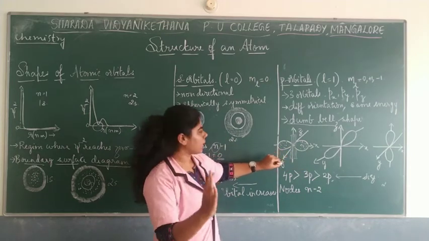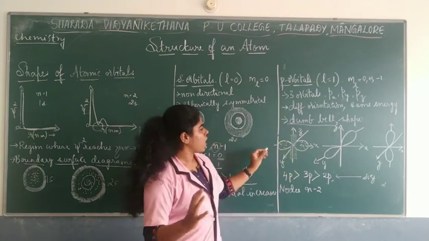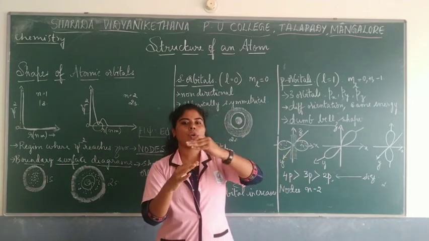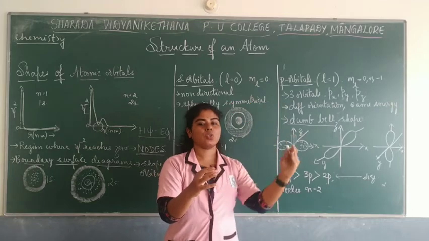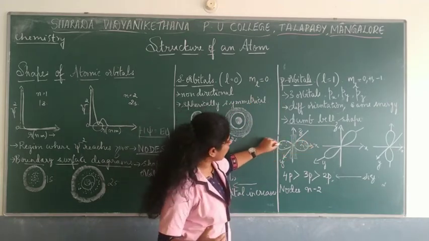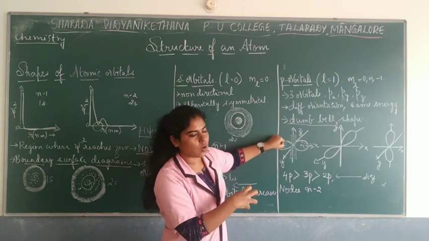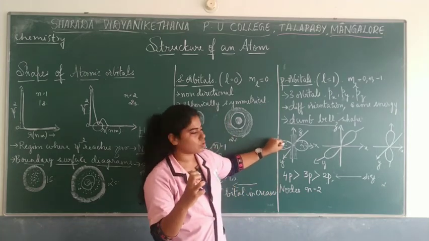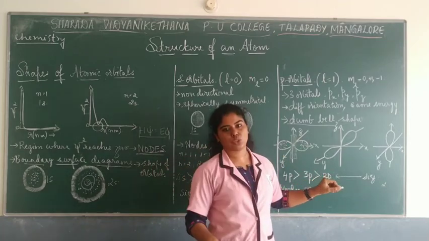One will have a positive sign and the other one negative. The origin will be the nucleus, that is 0, and then you have two lobes where you can find the electrons. That's why I denoted this with dots, the electron density. This shows there is maximum probability of finding an electron in these two lobes, and that's why we call them dumbbell shaped.